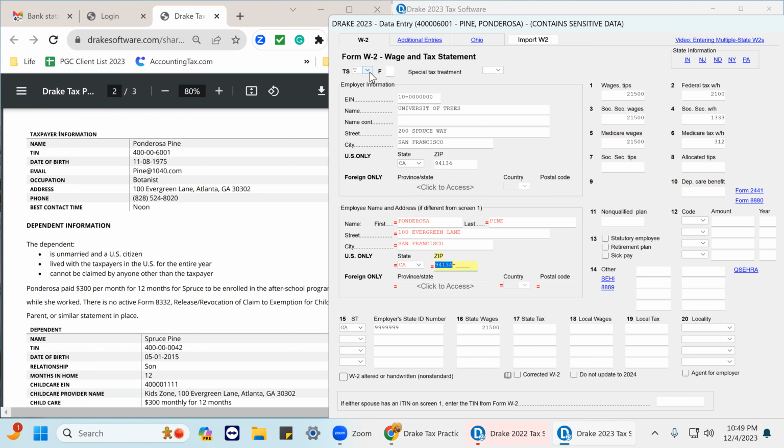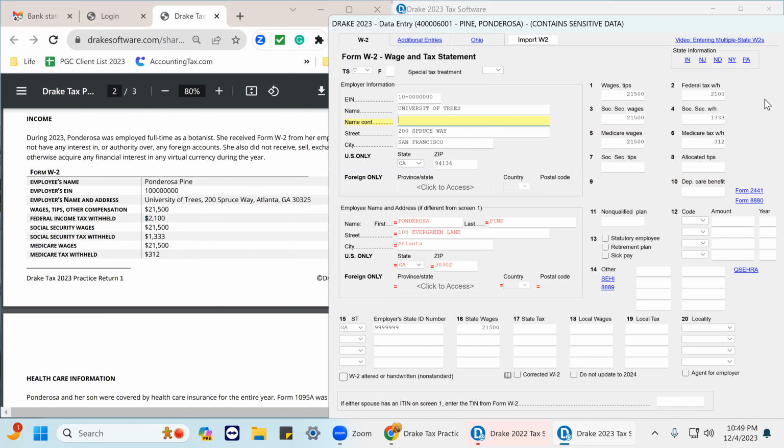Even though you don't have a spouse, choose spouse first, then go back to taxpayer, and the system will automatically pop in whatever you input. So you don't have to change it manually. At this moment, the W2 input is finished.